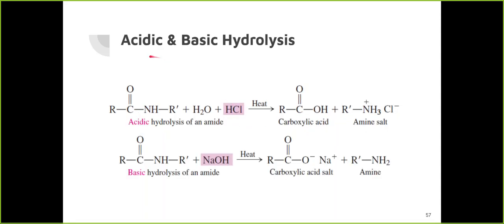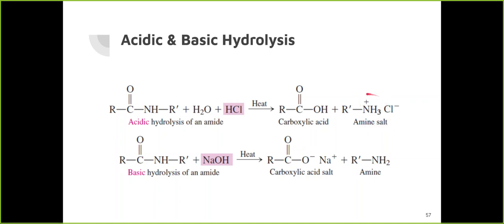If you do it in the presence of acid or bases, however, you get salts, and it depends on which one. So in the presence of a strong acid and water, you'll get a carboxylic acid, but you'll get an amine salt.